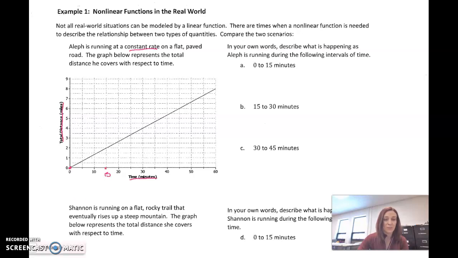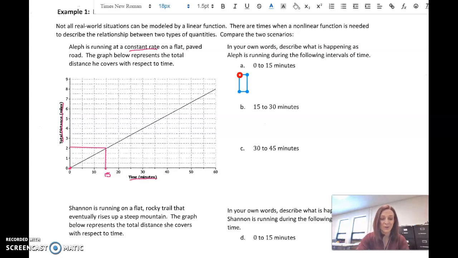So if we look at 15 minutes, because the x-axis is minutes, it looks like he is running 2 miles. So we can say Alf runs 2 miles in 15 minutes.